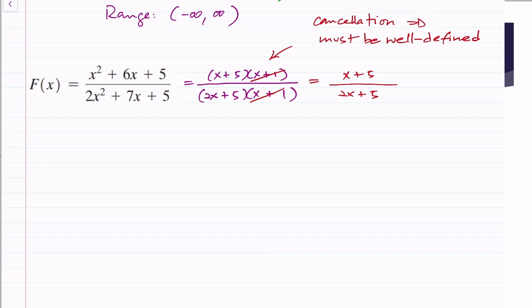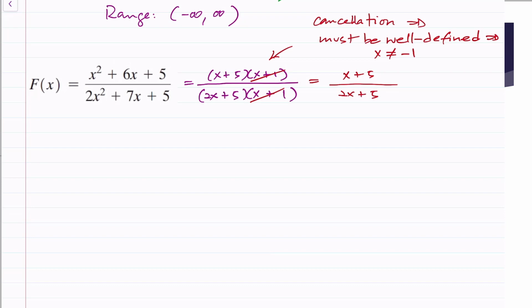So when we say that the cancellation implies that it must be well defined, that is a fancy way of saying that x cannot be -1. And the reason that x can't be -1 is because if it was, you would have a rational expression of the form 0 divided by 0. And that is undefined.